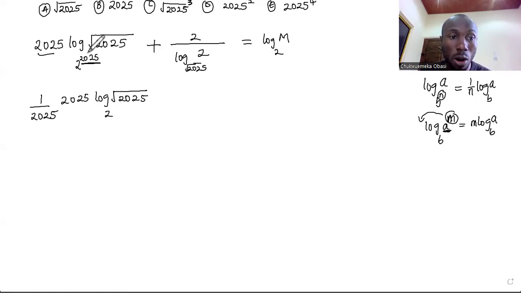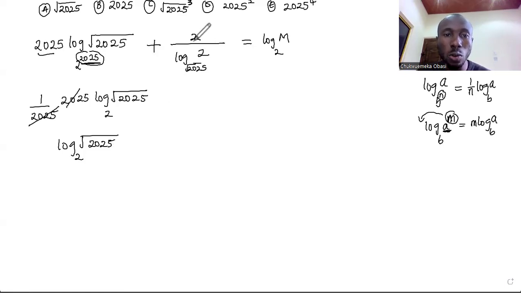Remember, the power of this base has traveled behind the logarithm as 1 over 2025. Does it make sense? So we cancel out this, and now you're just having log the square root of 2025 base 2.